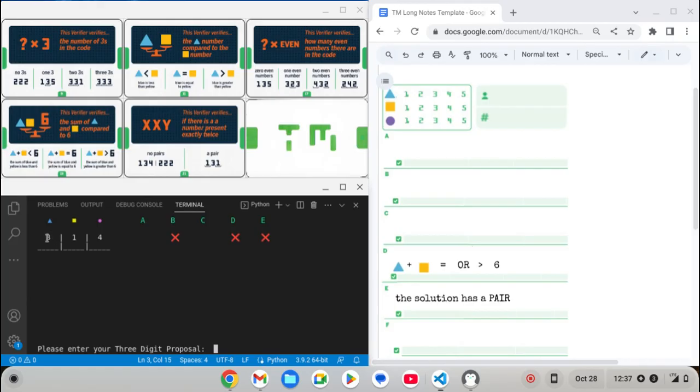No, so I should be looking at triangle and square. So it is not the case my triangle is greater than square. That is not the case since the Turing machine does not agree with it. So that means that triangle is either equal to square or less than square. So we'll type in the less than first, since that's what it comes from left to right.